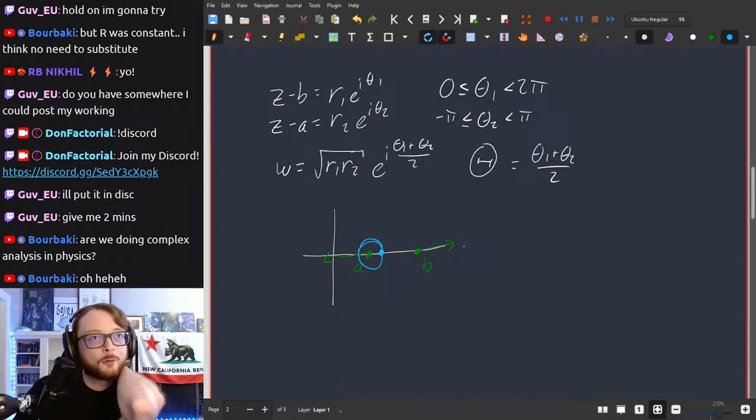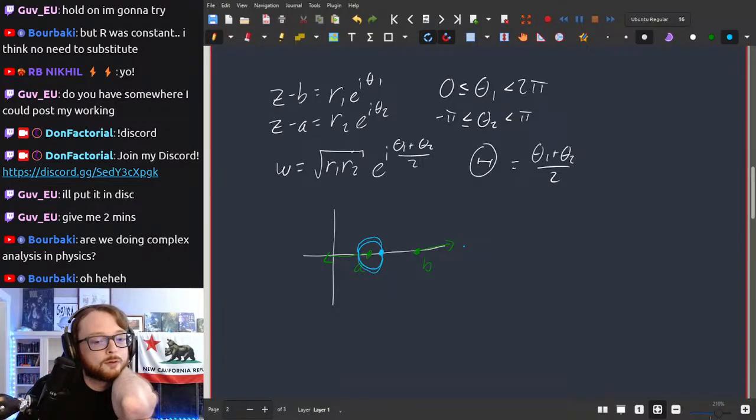It goes from pi closer to 0 and then back to pi. And then once it crosses the branch cut, it smoothly goes from pi up to something and then comes back down to pi. So B isn't going to produce any discontinuities, but A is going to start measuring from 0. It goes up to pi, and then suddenly when it crosses the branch cut, it starts measuring from minus pi and goes back up to 0.